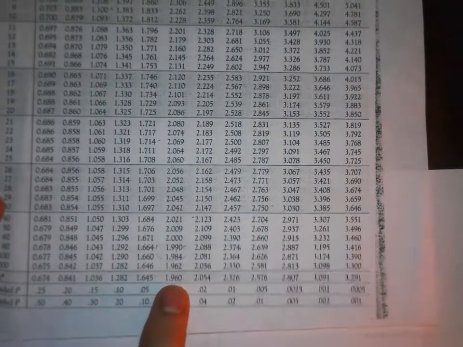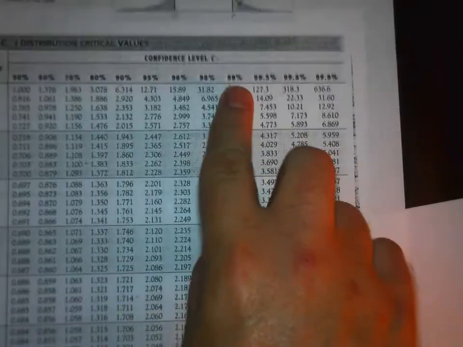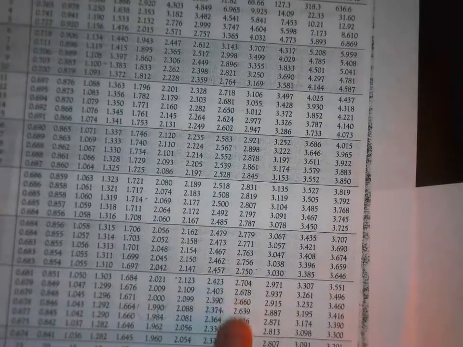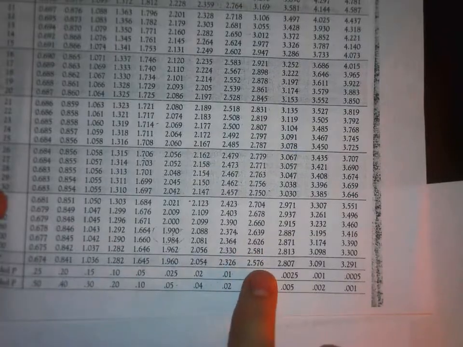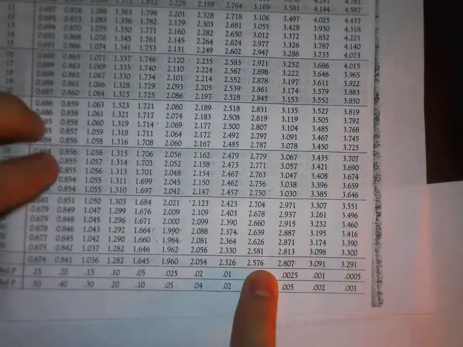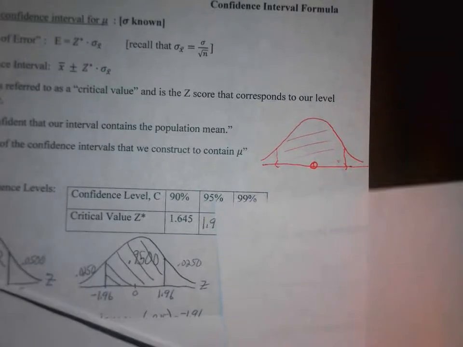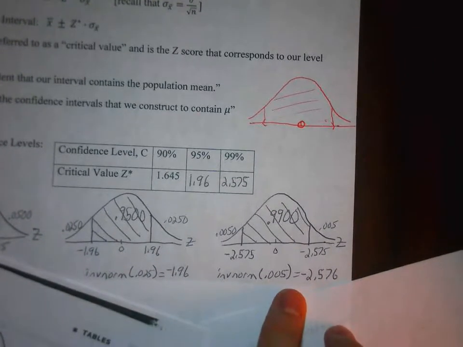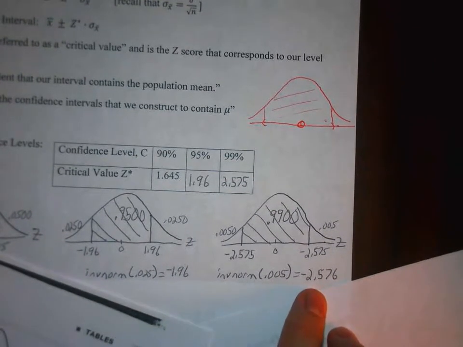Then the last one was a 99% interval. So a 99%, if you trace that all the way down, that gives you 2.576. And you'll notice that's a little bit different than 2.575. Your calculator also rounds to negative 2.576.